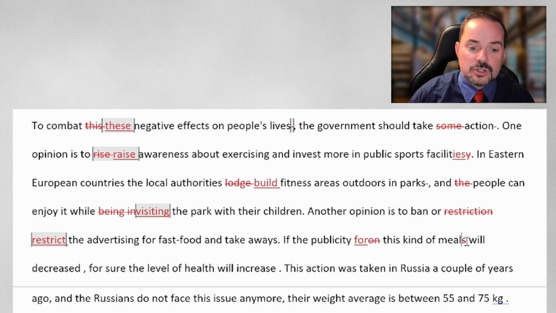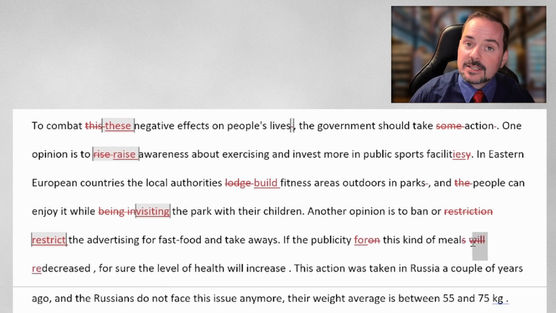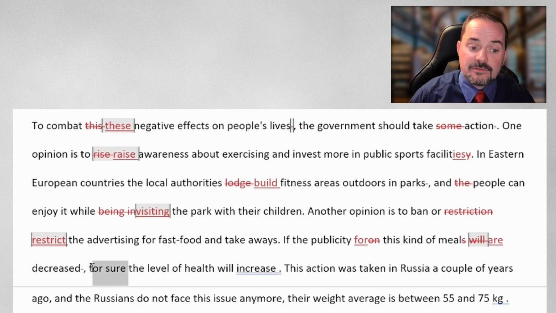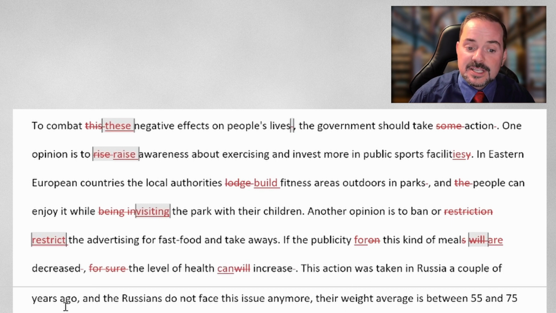Another opinion is to ban or restrict the advertising for fast food and takeaways. If the publicity for this kind of meals are decreased, the level of health can increase. This action was taken in Russia a couple of years ago, and the Russians do not face this issue anymore.